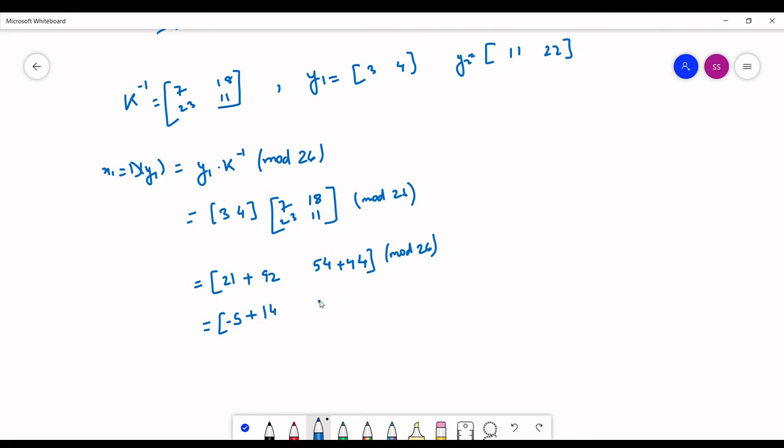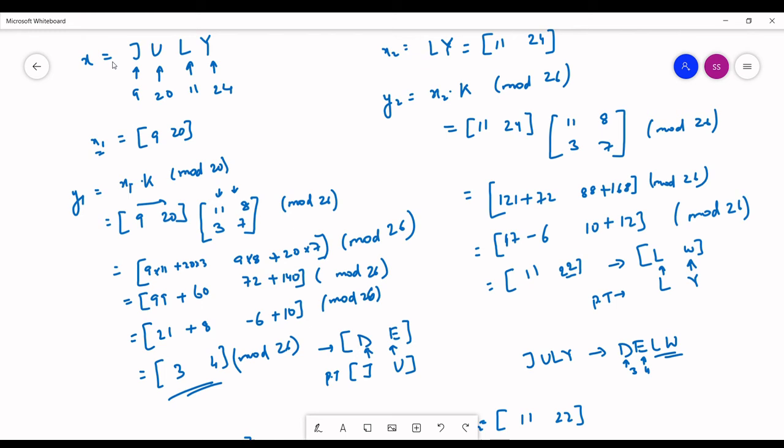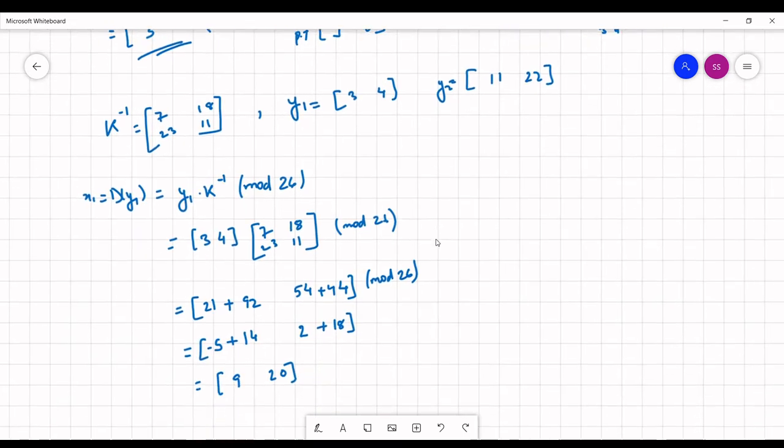Now 54 can be written as 2, because 26 into 2 is 52, and 44 minus 26 is 18. So here I will get 14 minus 5 is 9, and 18 plus 2 is 20. When we took July, J was 9 and U was 20, so X1 was 9, 20. So I am getting that back here, 9, 20.